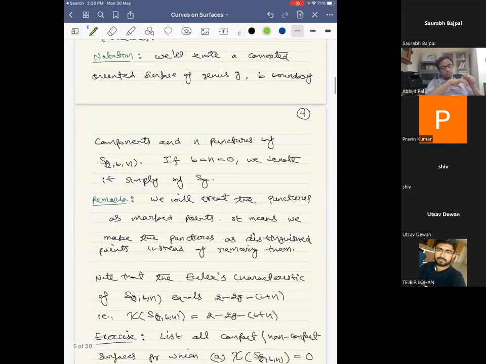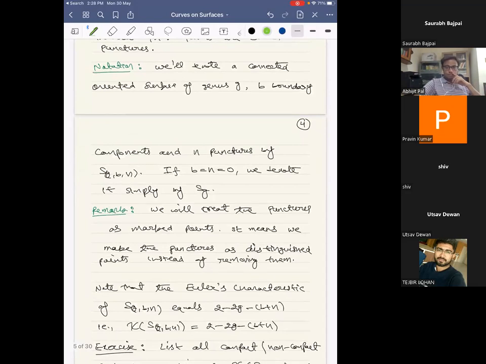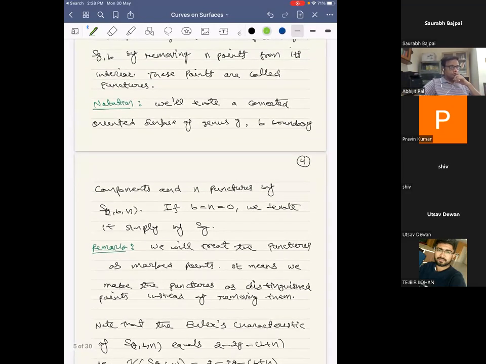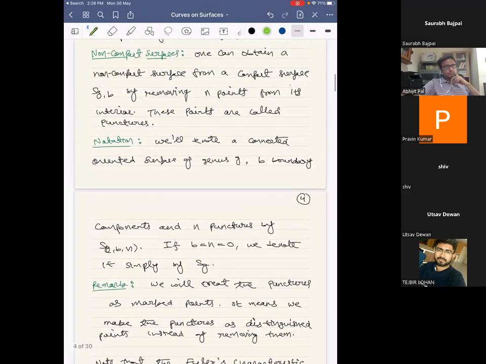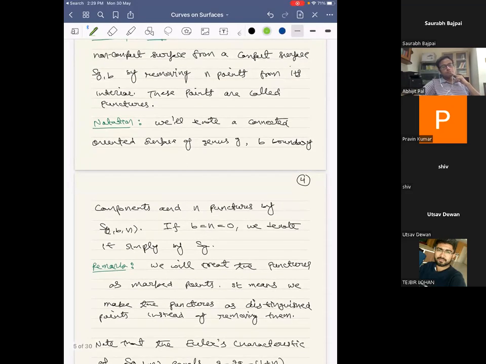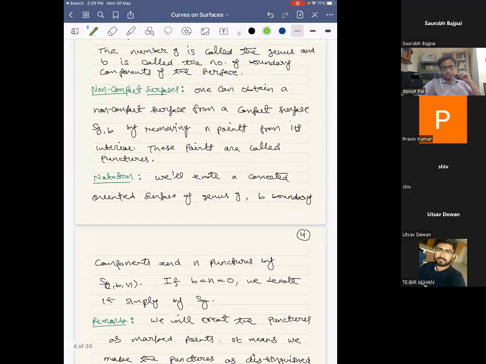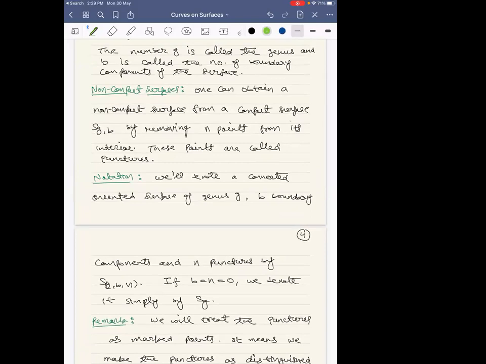Can every non-compact surface be obtained from a compact surface by removing punctures? Yes, so the statement should be that you can determine the homeomorphism type by this triplet G, B, and N. And finite type surfaces can be obtained in this way.